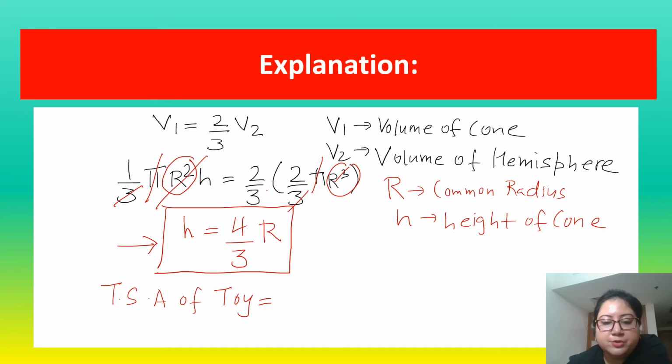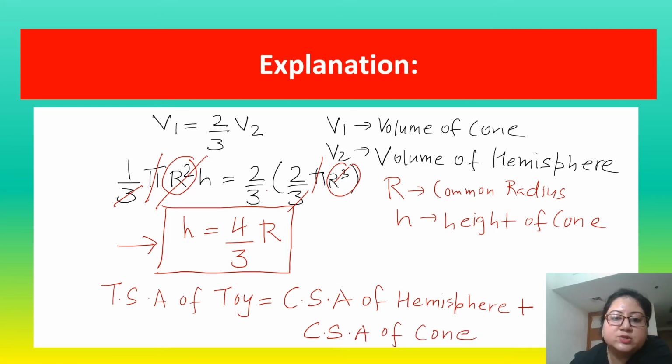So we are going to take the curved surface area of the hemisphere, which is at the bottom, and add the curved surface area of the cone. When we add these two, we get the total surface area of the toy. So let's find this in the next slide.